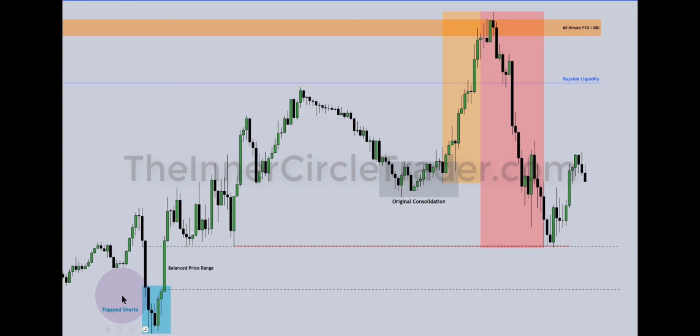In the classic days of commodity trading, if you were to see old patterns like what would be considered an island reversal, this is the closest thing that I can use to describe what's occurring when there's a balanced price range, when it's extreme like this.